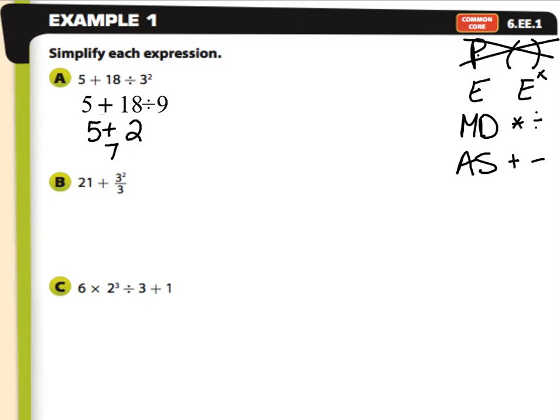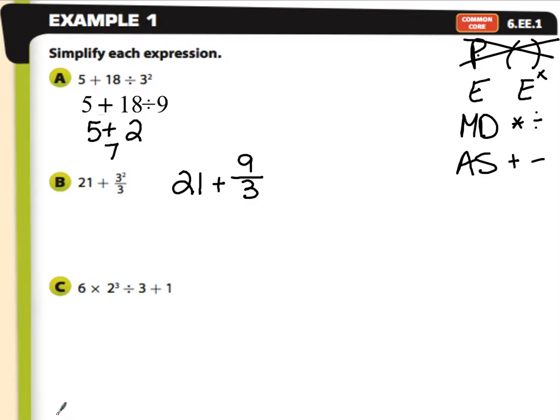All right. Now I'm going to go to B. I'm going to check, do I have any exponents? I do. My exponential problem in this case is 3 squared. So I still have 21 plus 3 squared, which in this case is 9, and I'm dividing that by 3.